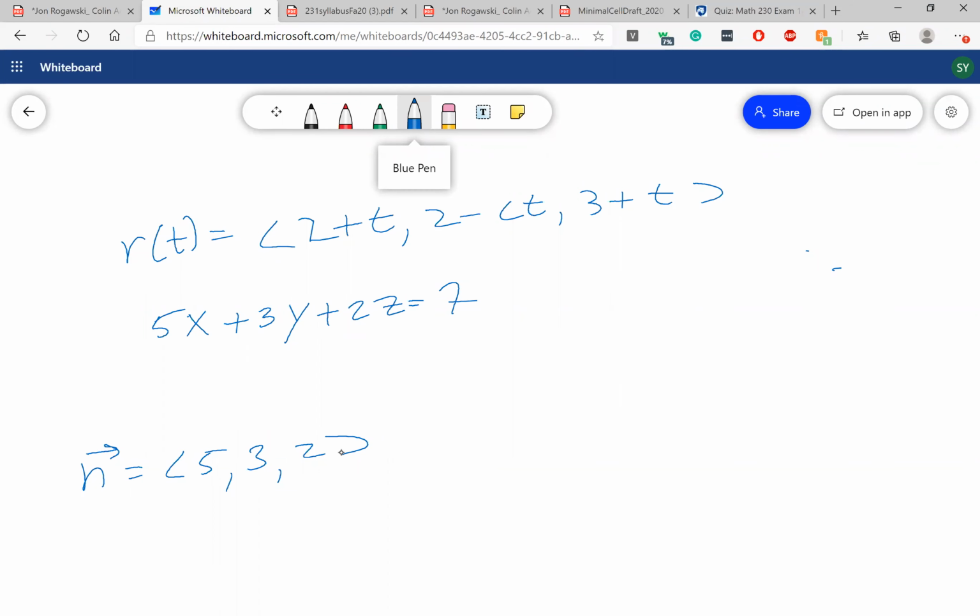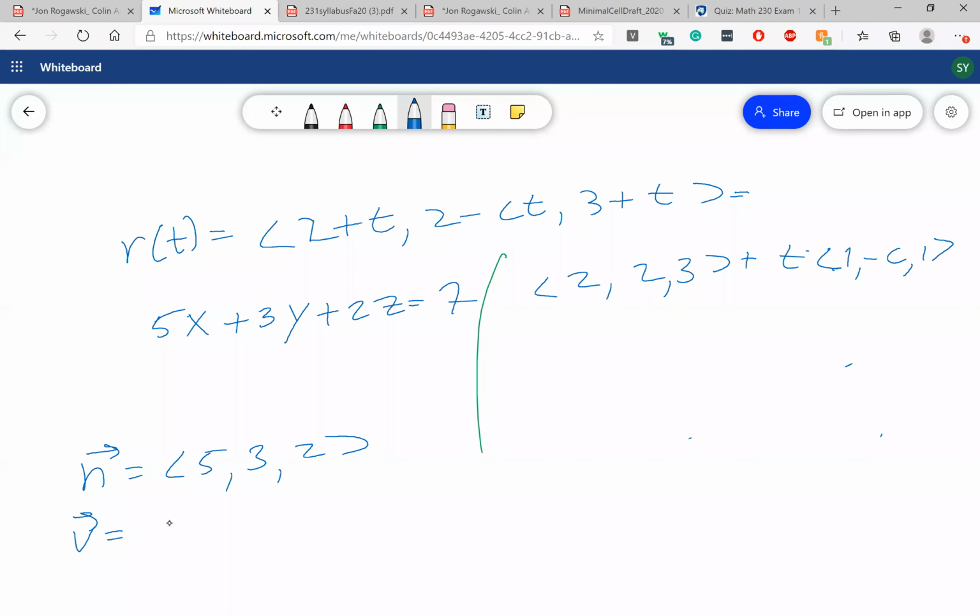And the vector V: this over here is equal to (2, 2, 3) plus t times your vector V, which is (1, negative c, 1).